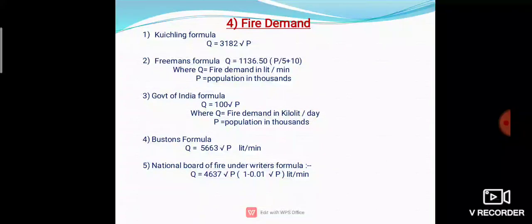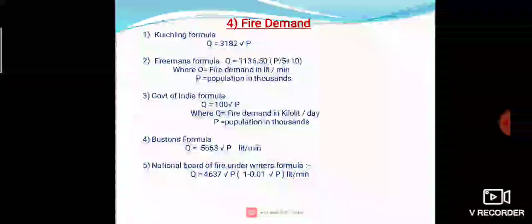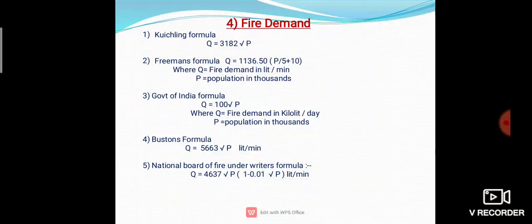A large quantity of water is required and is always kept stored in a reservoir. Among these four to five demands, fire demand is the most critical, because it is required suddenly and can be needed at any time. That is why we have to keep a large quantity of water always stored in the reservoir. This is the fire demand.